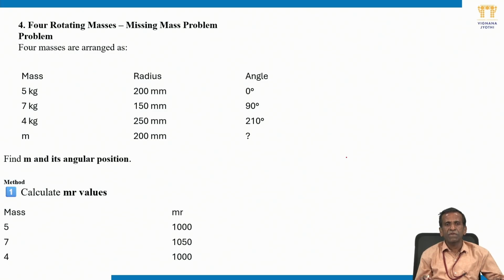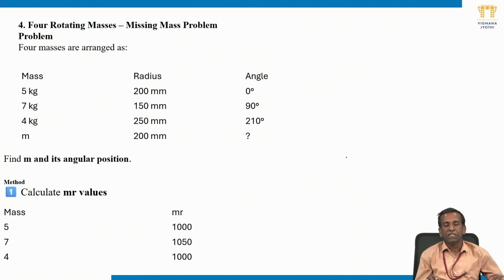Here the problem mentions that one mass, the fourth one, is not known, but it is said that four masses are arranged. Find M and its angular position such that it maintains balance, static balancing. Maintaining balance means the right side quantity is 0, sigma mr equal to 0.